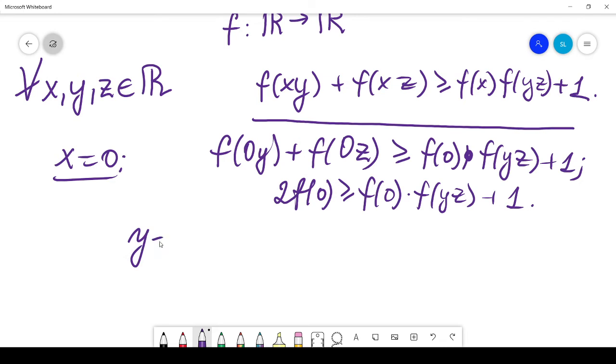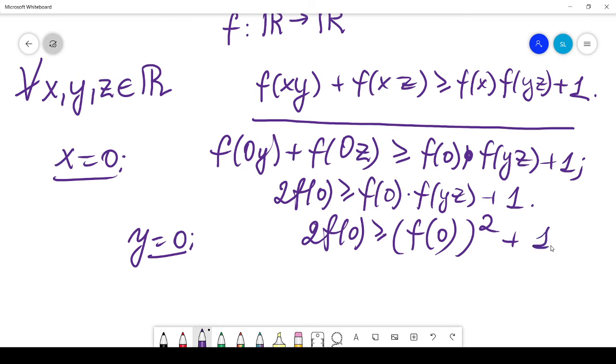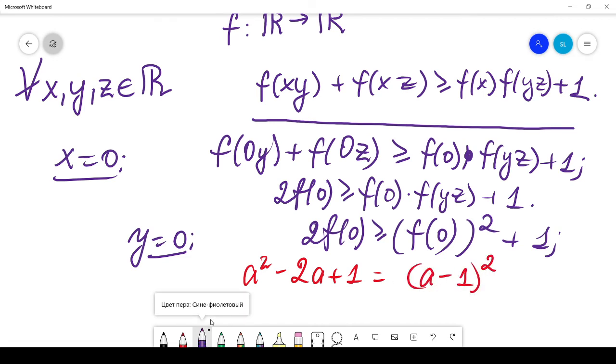And what if we plug in y equals 0? Then we'll get 2f of 0 is bigger or equal than f of 0 whole squared plus 1. And that is nice, because now we can use our property that a squared minus 2a plus 1 is a whole square, a minus 1 squared.